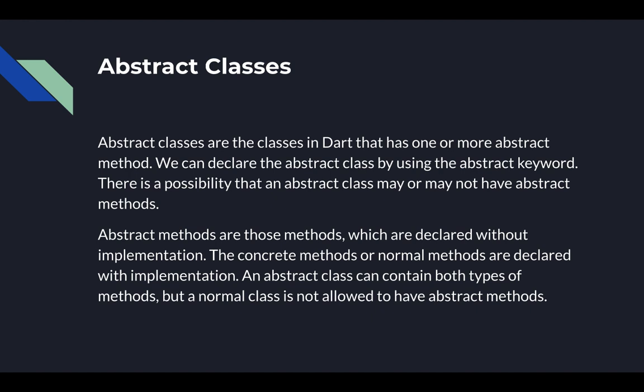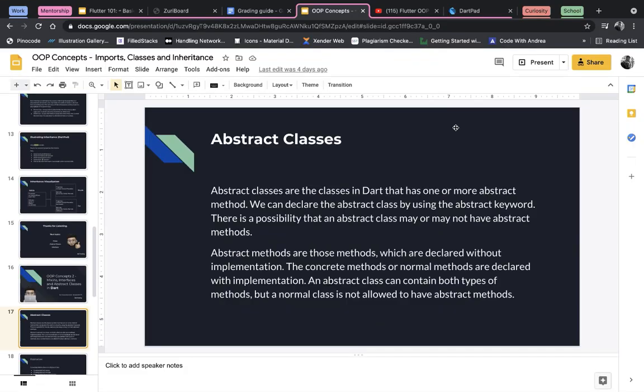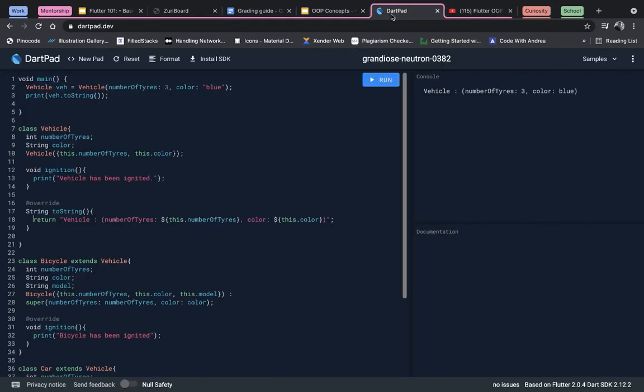This might look a bit complex at first sight, but let me try to explain it using the code we already have. Right now, if we look at this class vehicle, you will see that we can use class vehicle here to create objects, just like we can use bicycle to create objects.